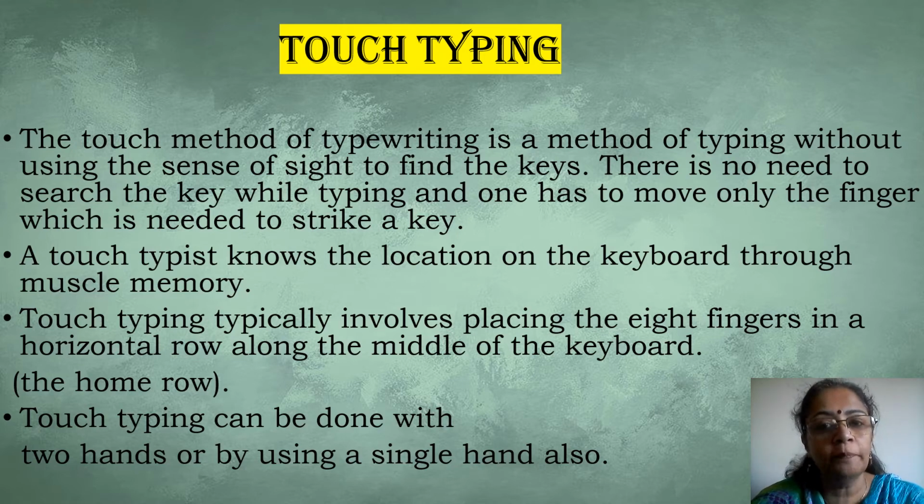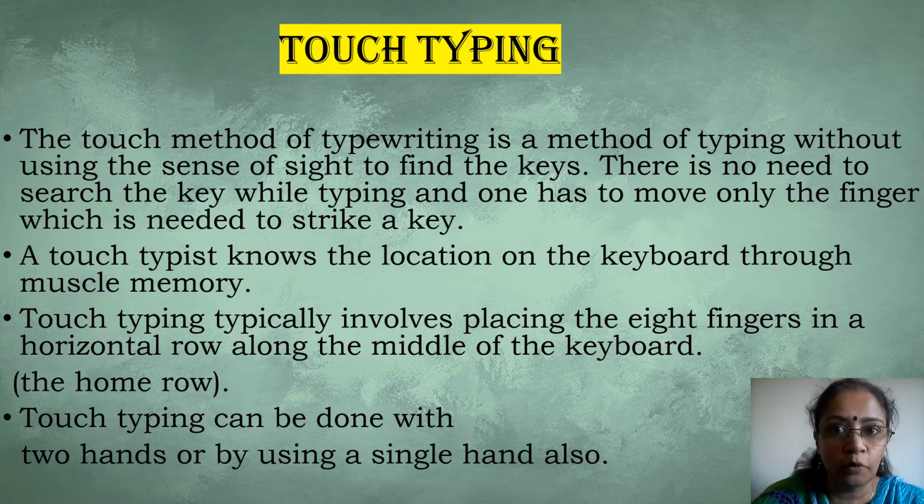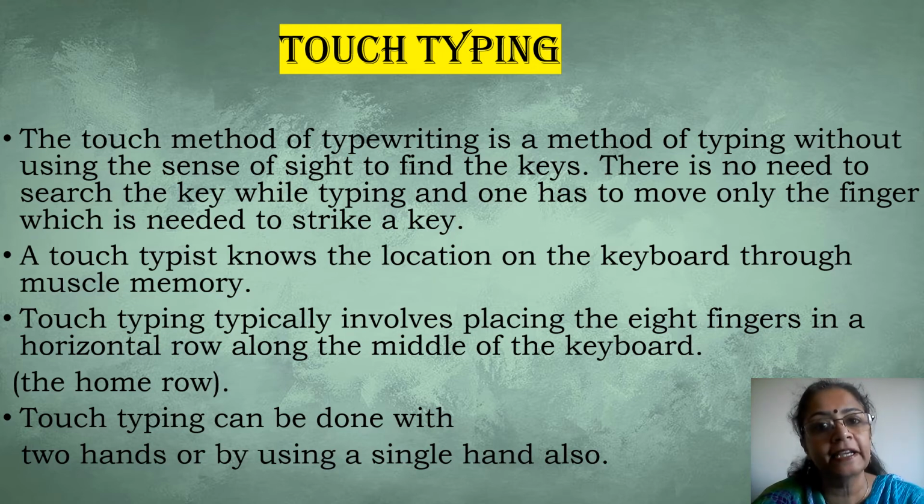When you keep your middle fingers on that particular row and start typing, then with practice you will know the exact location of all the keys on the keyboard, and you will be able to type without actually looking at the keys. You don't have to put your eyes on it. By automatic impulse, your fingers will start moving to the right keys. So this is called touch typing.